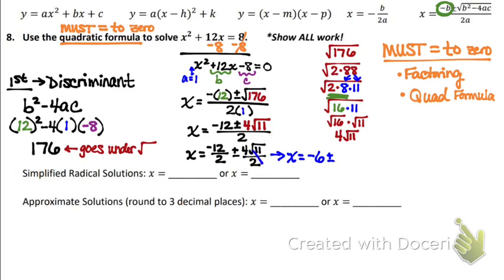Then I can't touch those at all. Are these both under square roots? No. I can reduce those. What's 4 divided by 2? 2. So one of my solutions is -6 plus 2 square root of 11. The other one is negative 6 minus 2 square root of 11.